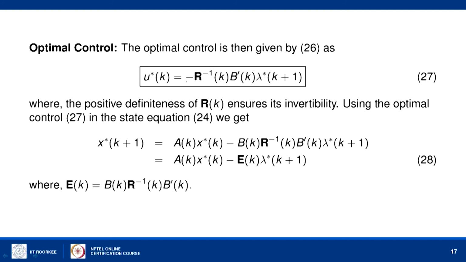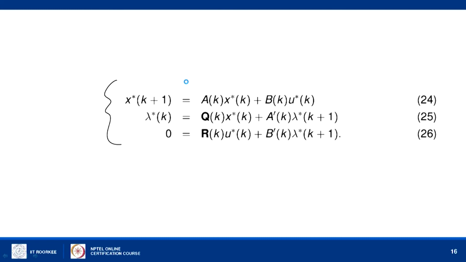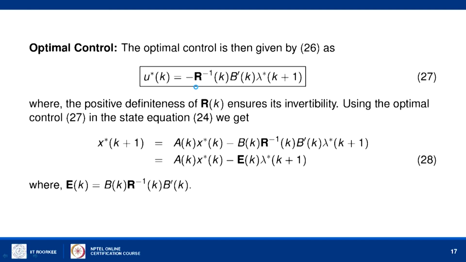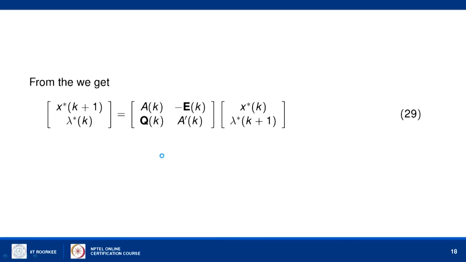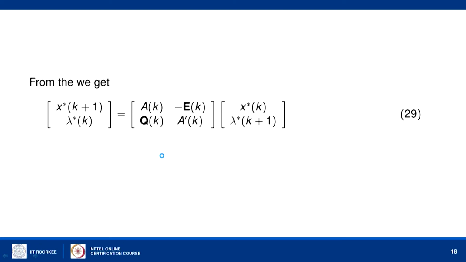Then substituting this u expression from 27 into equation 24, we will get a coupled equation in x and lambda, and we can solve this equation along with the boundary condition to get the optimal control solution.